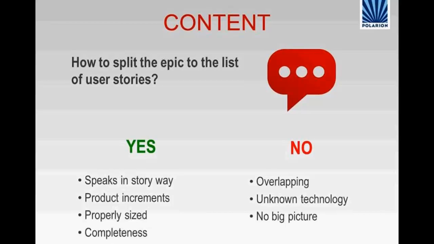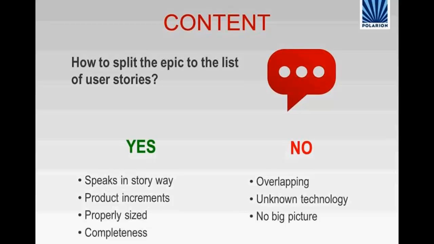So this is a key point that drives the enhancements in the product. It's properly sized because if you have too big stories, it's pretty hard to estimate them, and your velocity is typically not very reliable. And the set of user stories describes the minimal marketable feature scope. So at the end, you have a complete description of your epic, of your release.